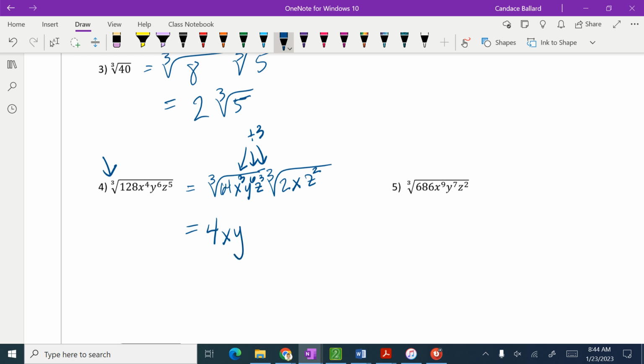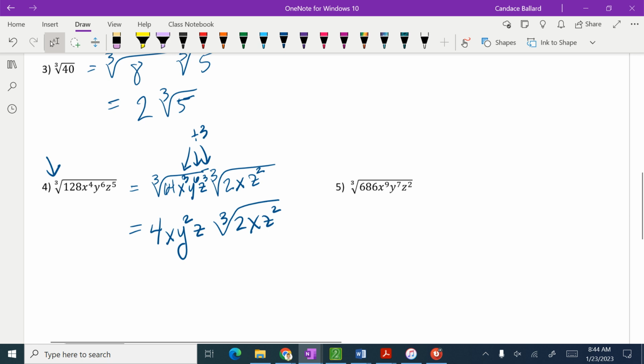Y to the 2, good. And z to the 1. And again, it doesn't hurt to leave a little bit of space. Make sure that index is inside the root: 2xz squared. It looked totally ugly and crazy, right? But it is what it is.